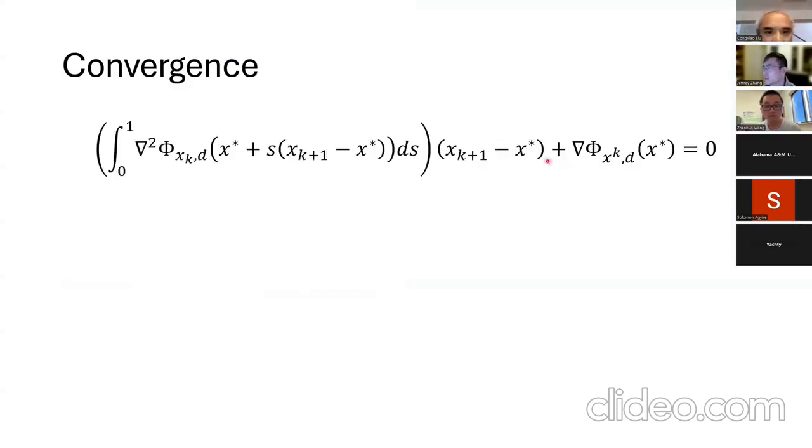So just as a recap, we have a matrix that we can argue is positive definite times xk plus 1 minus x star plus the approximation of the gradient at x star. So the idea is I'm going to move this over to the right, multiply the inverse, and that's basically where the convergence rate comes from.